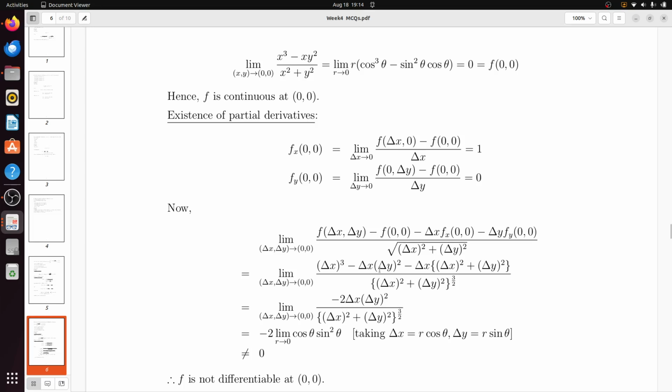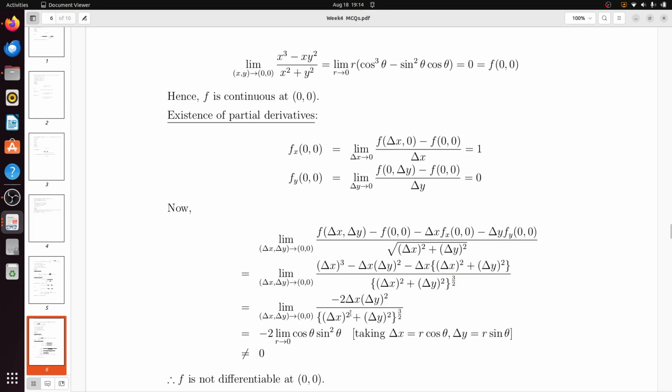Now if you put it here, you need addition and subtraction of fractions, so that's why this part is multiplied. You just write the expressions and you can easily solve this problem, because fy(0,0) is 0.